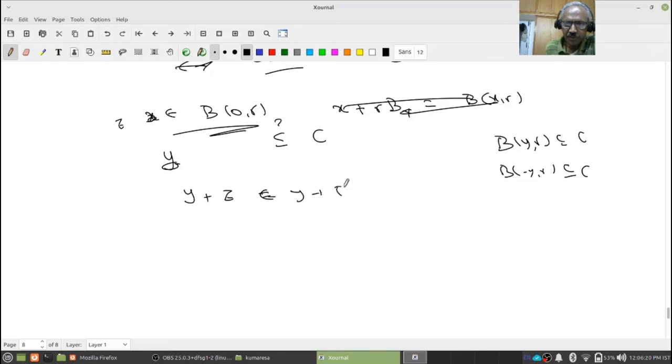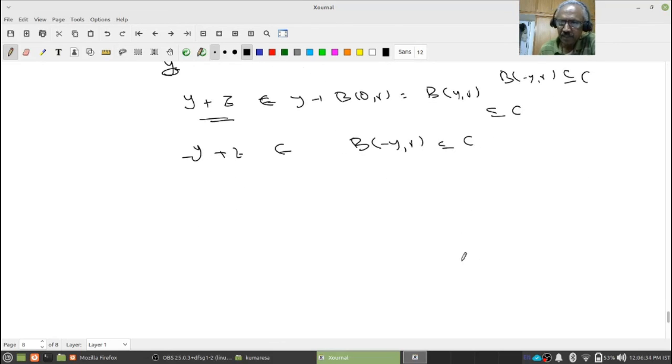Y plus Z belongs to Y plus B0R, that is equal to B of YR, but that is contained in C. Therefore Y plus Z belongs to that. Similarly, minus Y plus Z also belongs to B of minus YR, which is contained in C, right? Therefore Y plus Z and minus Y plus Z both are in C. Now C is convex.